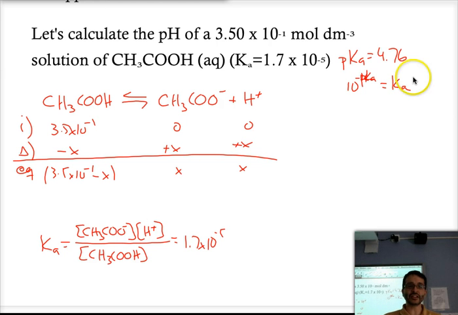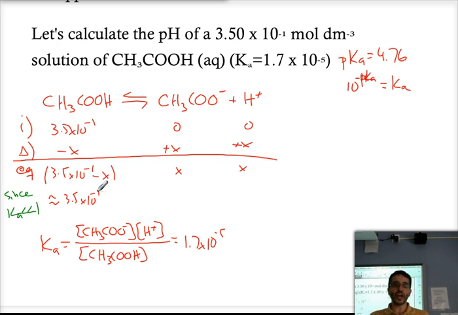Since the value of Ka is so small, I'm going to approximate 3.5 times 10 to the negative 1 minus x to 3.5 times 10 to the negative 1. And I can enter now my values into the equation.